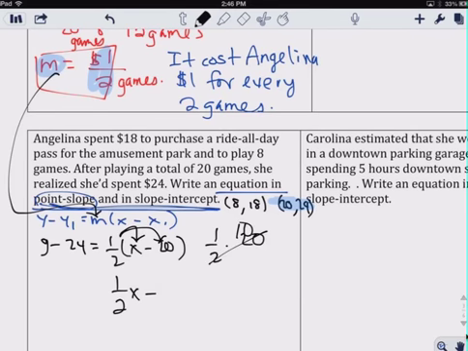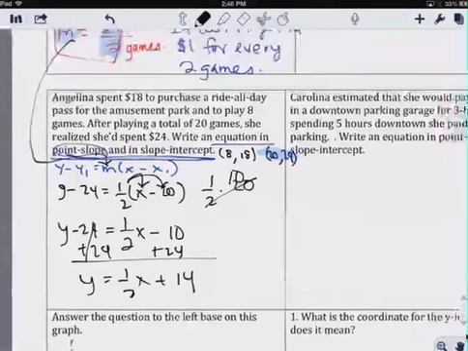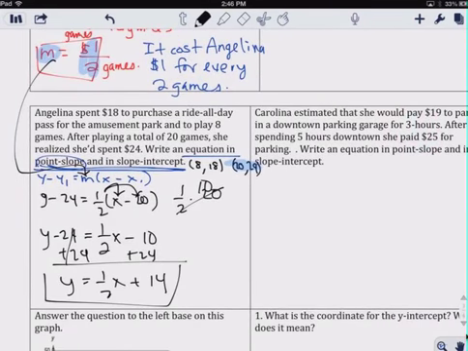Cross cancel, that's 10. Minus 10 equals y minus 24. Add 24, add 24. y equals 1/2 x plus 14. Okay, slope-intercept form right there. This is point slope.